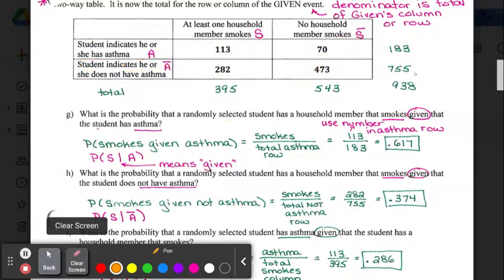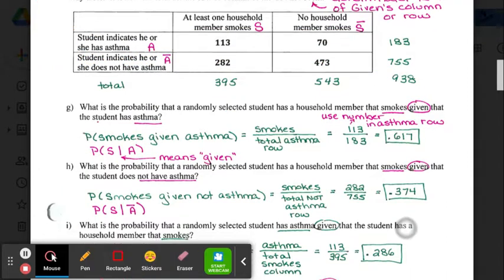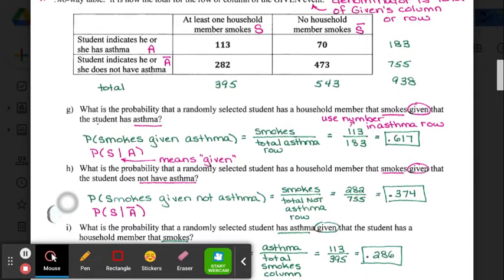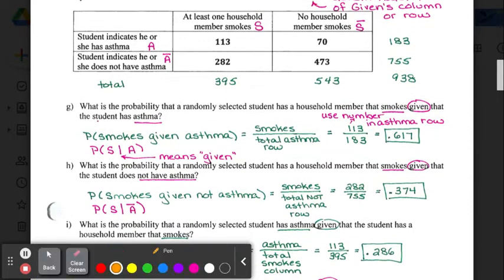Oh, I like having this. I can just clear my whole screen and start over. Letter H. And this given stuff, it's going to take some time, especially if you miss the lesson. What is the probability a randomly selected student has a household member that smokes? So we're still doing smokes, given the student does not have asthma.